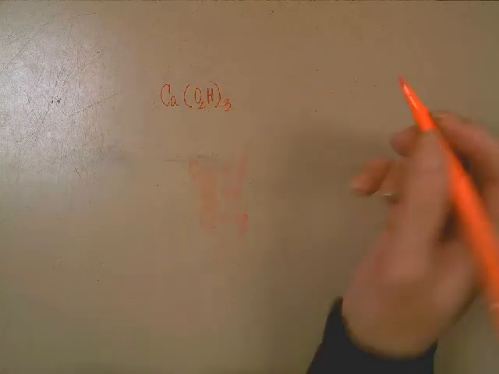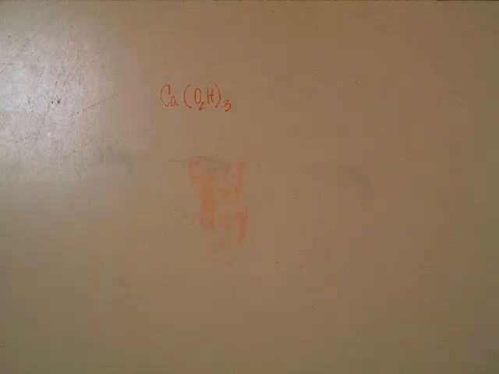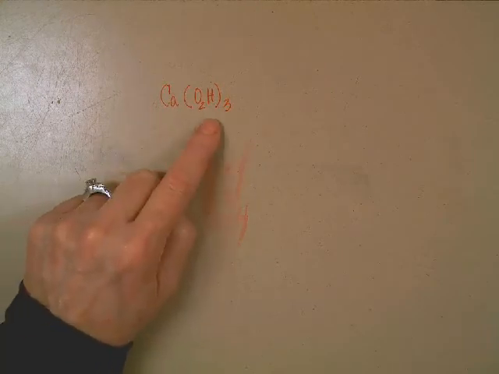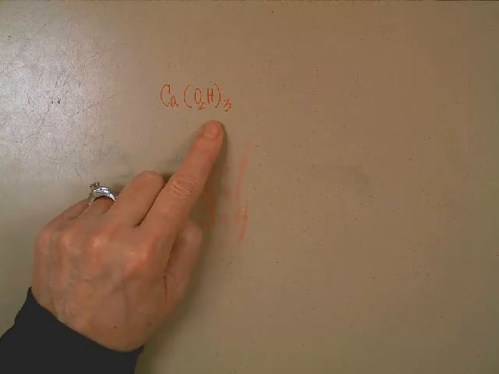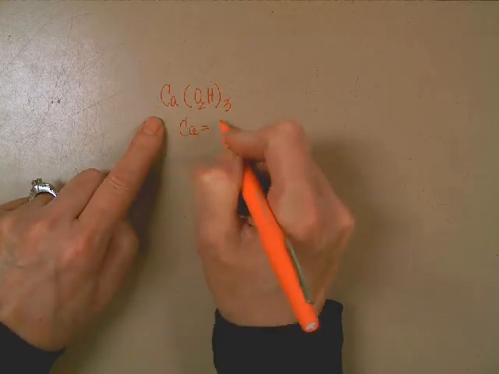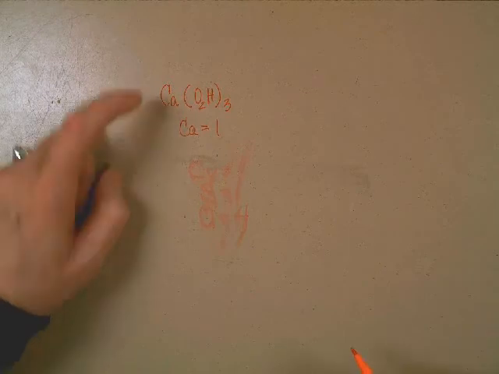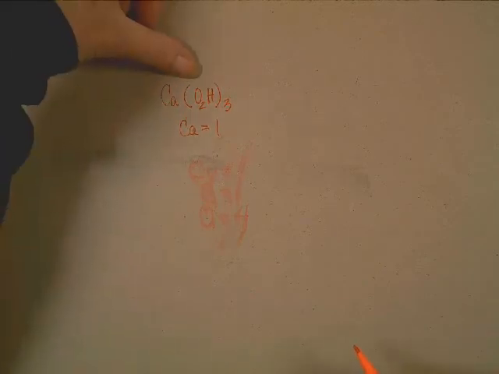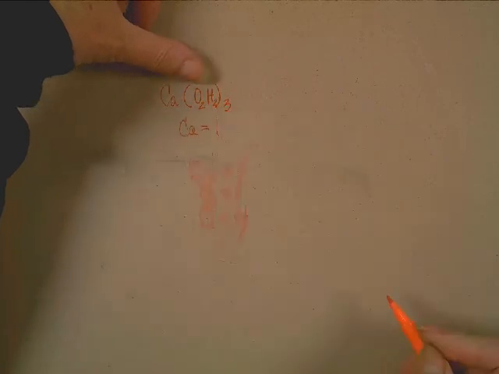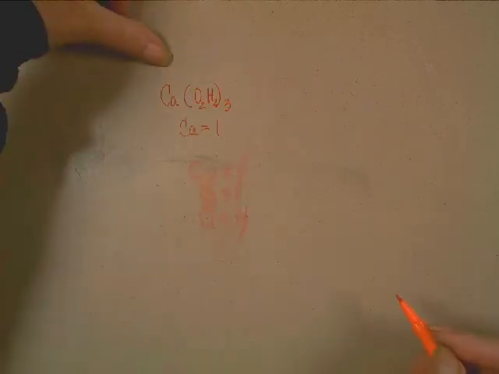Let's make that a 2 just for the sake of seeing what happens. So we have calcium, oxygen, and hydrogen in the formula. We have 1 atom of calcium. But here, inside parentheses, we have O2. We could even do O2H2 and a 3 outside the parentheses.